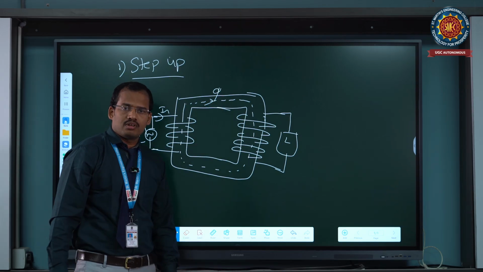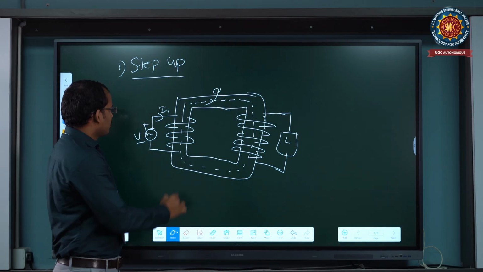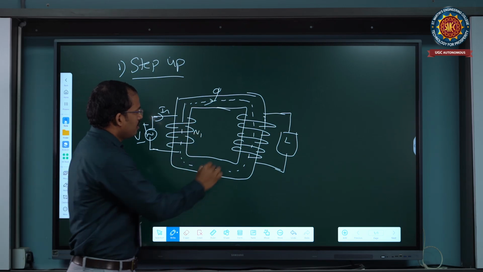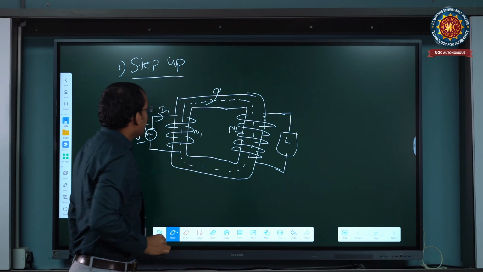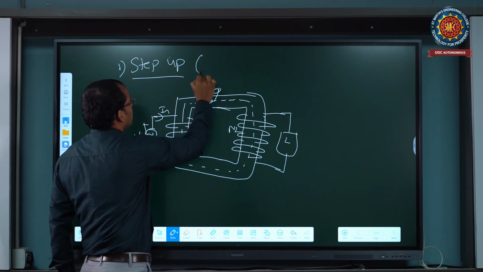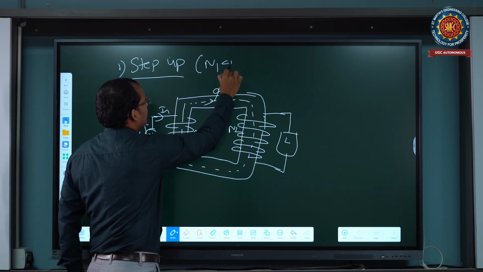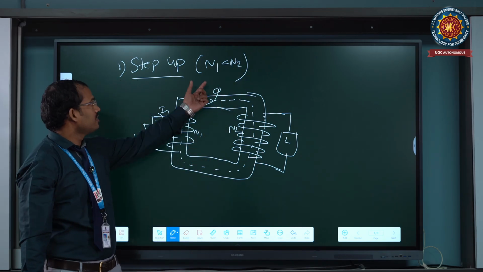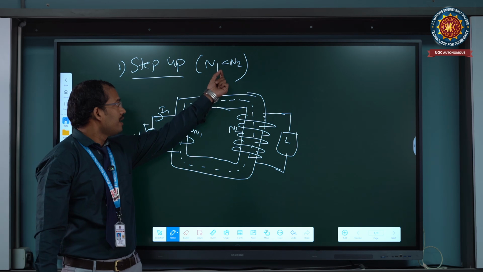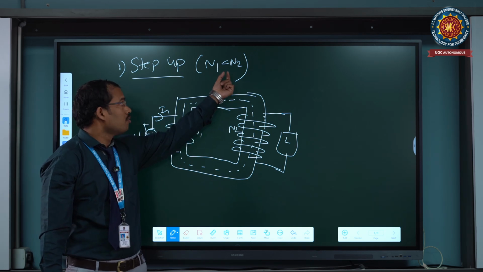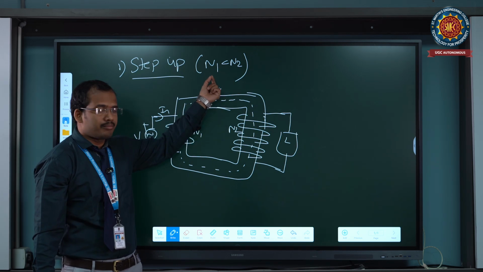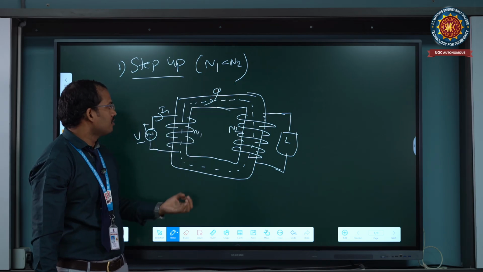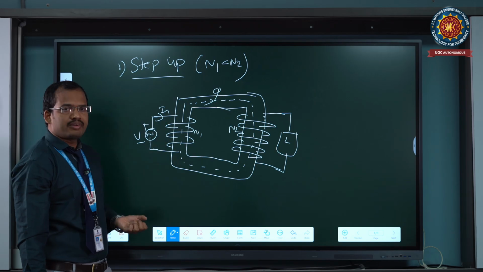The primary number of turns is N1 and the secondary number of turns is N2. Step up means N1 is less than N2, so N2 has more turns than N1. So this is the step up transformer.